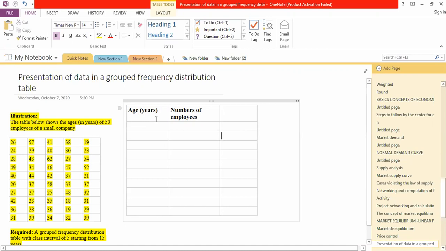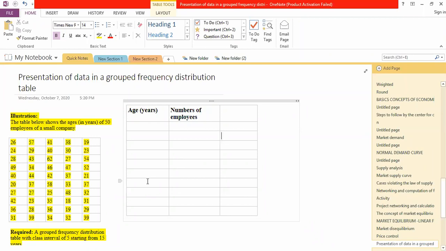But because there's something we want to represent in our data, the age in years, we cannot call the first column here class. It has a name, and that is going to accommodate the age in our analysis. I repeat, age is our variable to be represented, and those ages are going to come in terms of groups. Those groups are the ones we call classes. But each and every class, we are representing age.